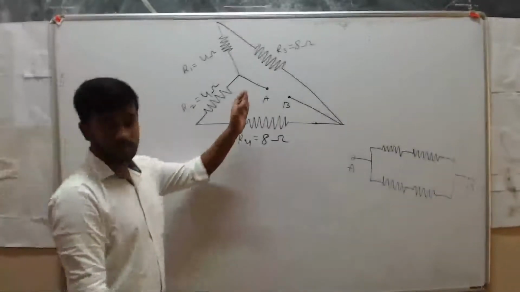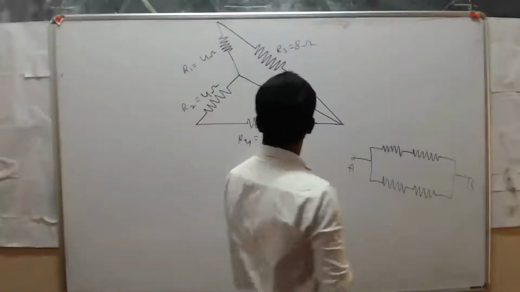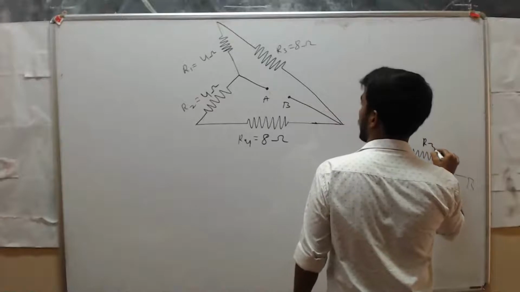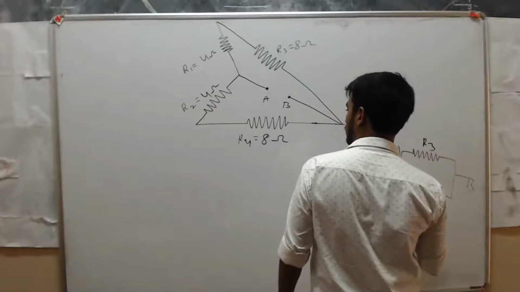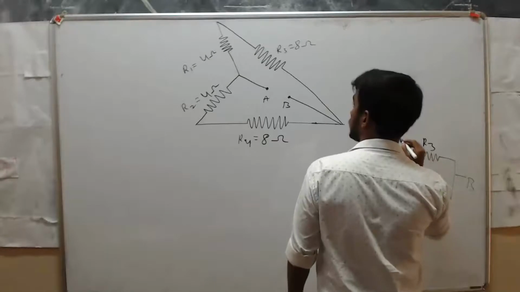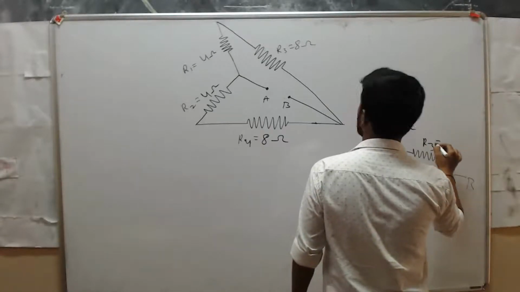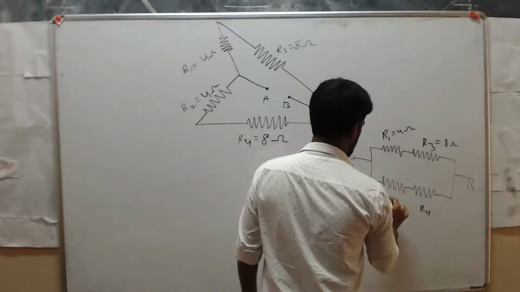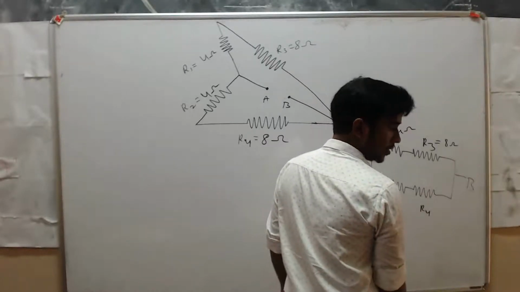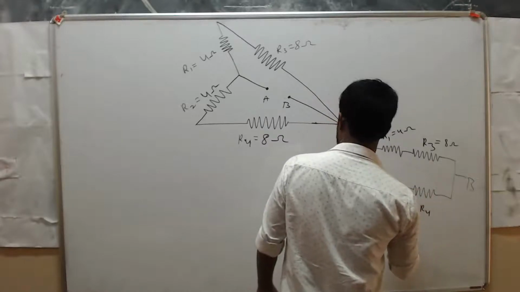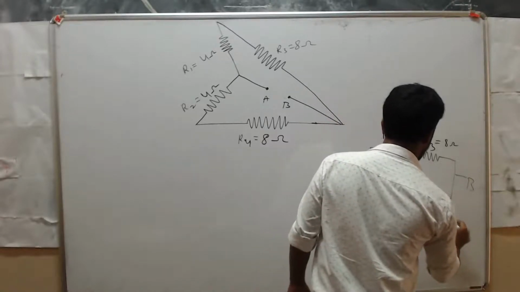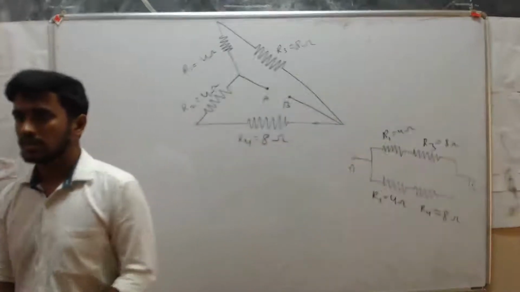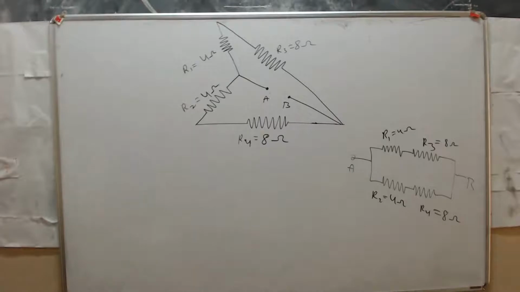Okay, now you can redraw this circuit like this, A and B. Like this as R1 and this R3, and this is R2 and R4. 4 ohm, 8 ohm, okay, and this is 4 ohm, 8 ohm. Now you can redraw this circuit like this. Simple one.